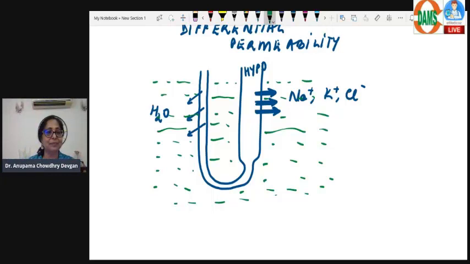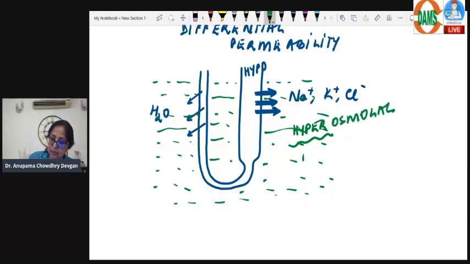So the fluid inside the lumen will become dilute, but the interstitial fluid will become hypertonic. So this differential permeability is helping to create a hyperosmolar medullary interstitium, right?